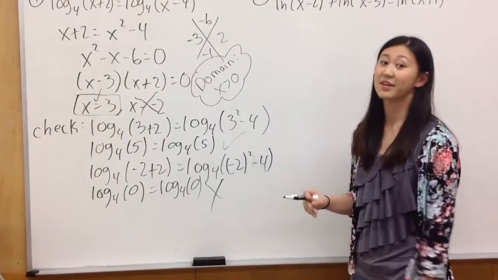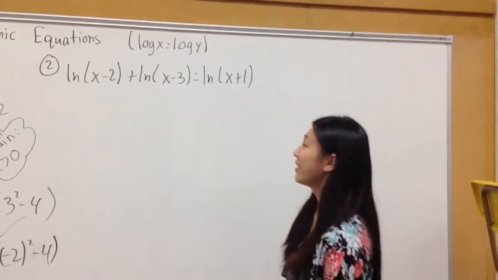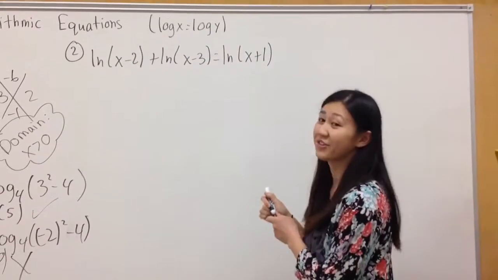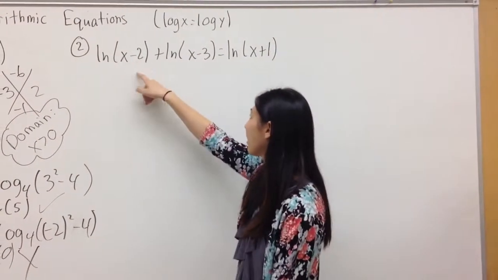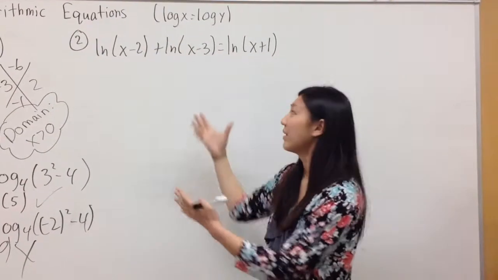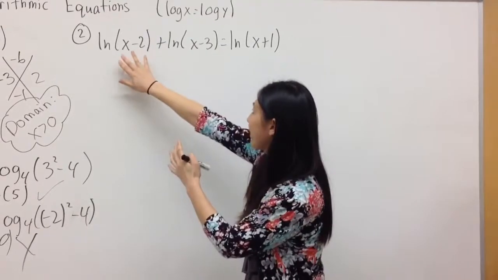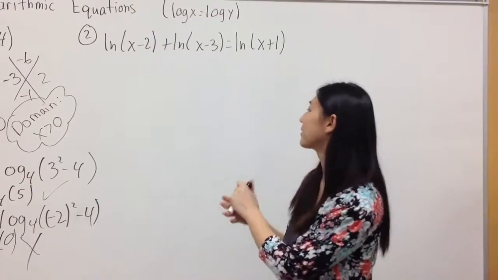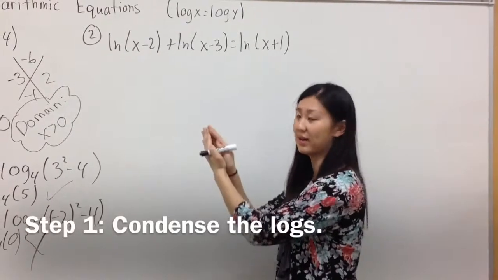All right, let's look at our next example now. Now, we can't just drop the logs because right now they're adding. It's not just ln equals ln. It has to be just like ln equals ln. But right now we have ln plus ln equals something else. So we need to combine it so that it's just one ln.